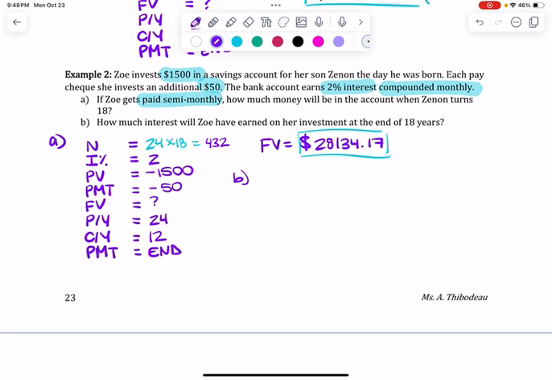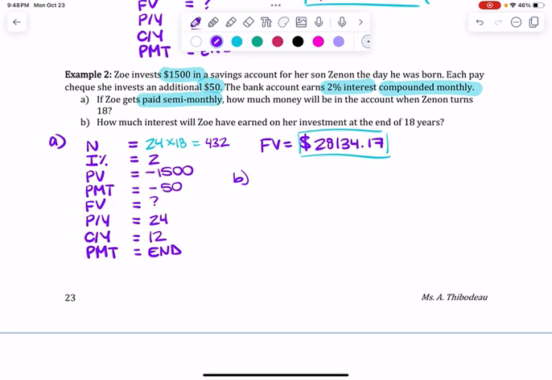The second part asks how much interest will Zoe have earned on her investment at the end of 18 years. So, we are taking a look at the dollar amount of interest Zoe will have earned on that investment. So things that we need to know: what that investment ends up being, which we get from part A of this question.